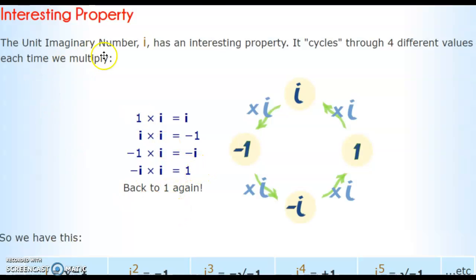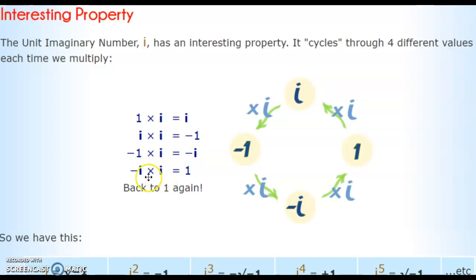What's interesting about imaginary numbers is that it cycles every fourth exponent. So we start with i, and then if we multiply i by itself, i squared, we get -1. If we multiply by i again, or raise i to the third power, we get -i.